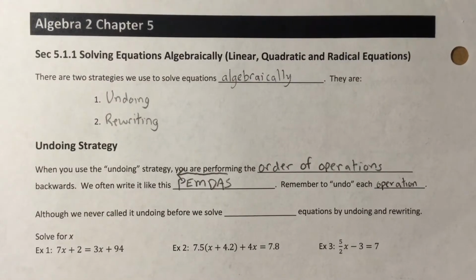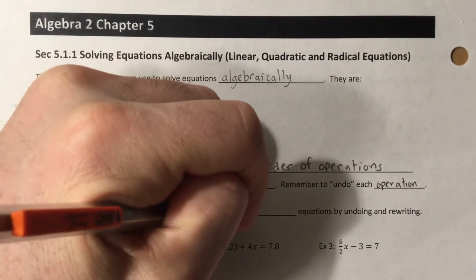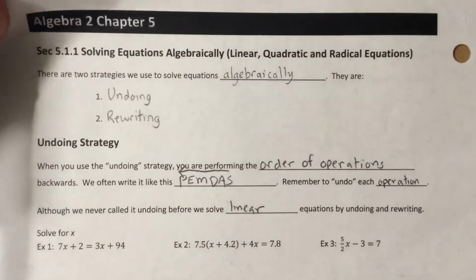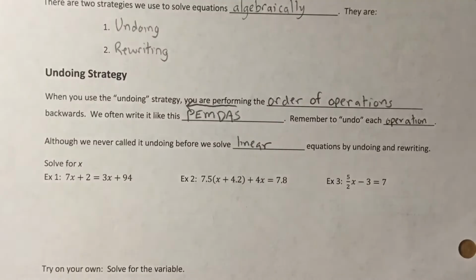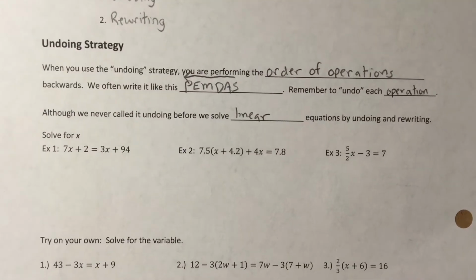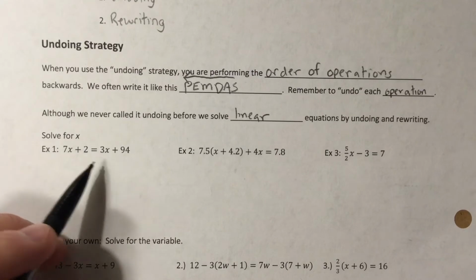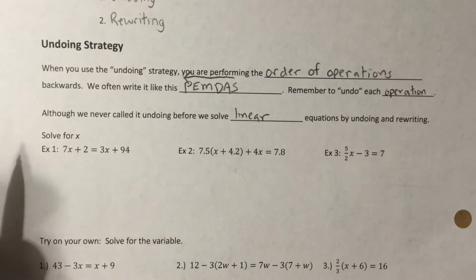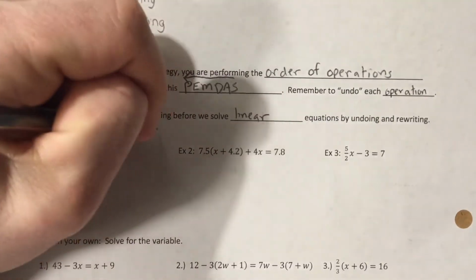Although we never called it undoing before, we solve linear equations by undoing and rewriting as well. So you've probably been doing this strategy for a while. You just may not have used these words. So just a quick recap for linear, x to the first: you're trying to get all the x's on the left, all the numbers on the right.